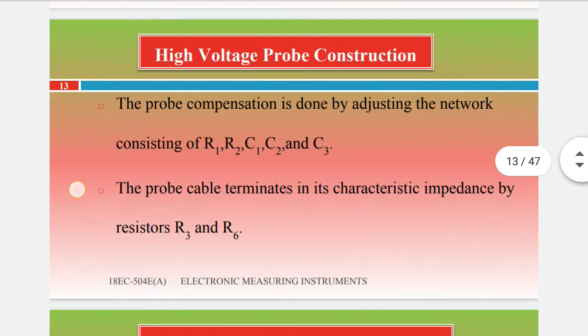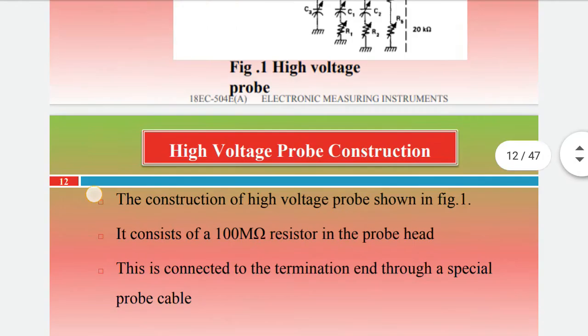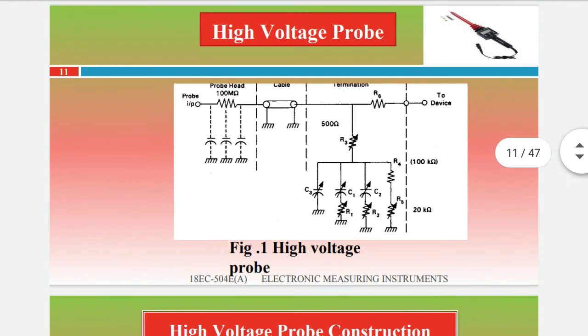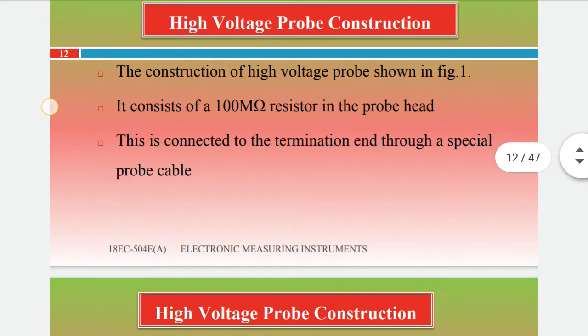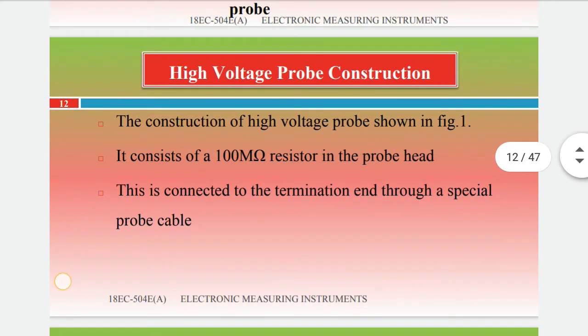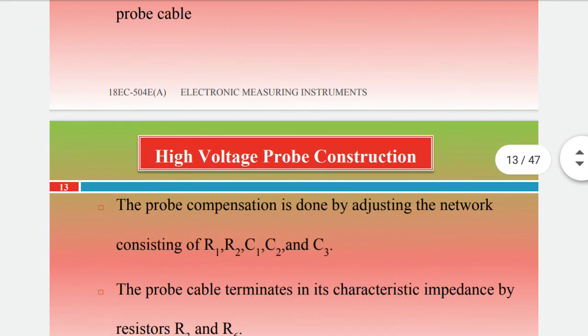And how the probe compensation can be done is by using the network R1, R2, C1, C2 and C3. You can see in the figure R1, R2, C1, C2 and C3. Here the termination circuit is there. By using this we can adjust the probe compensation.